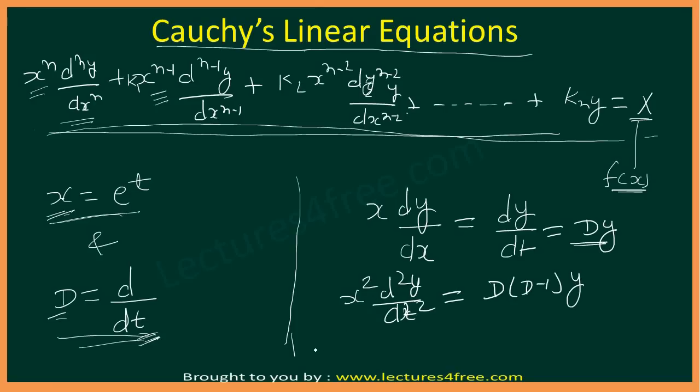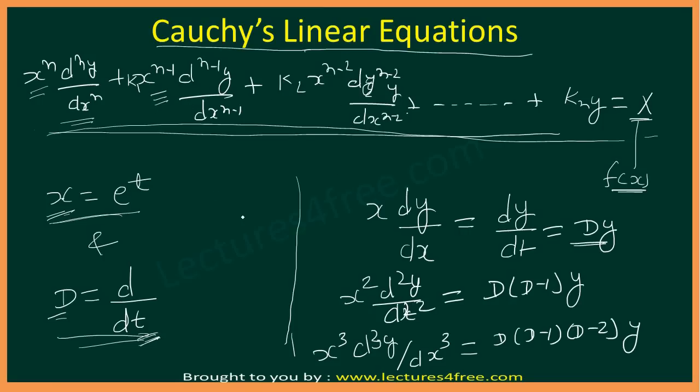And if our equation has a term like x cube d cube y upon dx cube, we can replace it with D into D minus 1 into D minus 2 into y. Similarly, higher order terms we can replace with D. Now our equation will be converted into an equation of constant coefficients. We will not get any function like this.